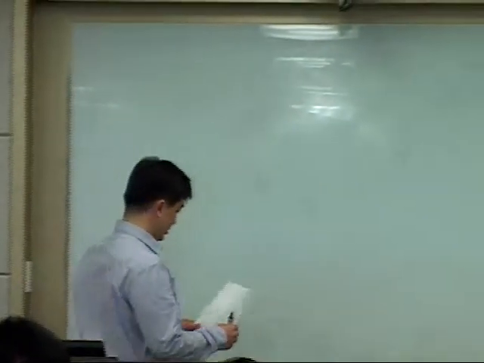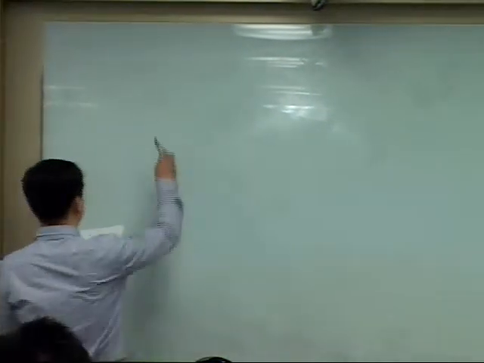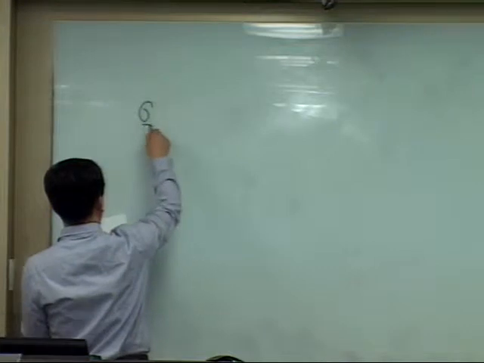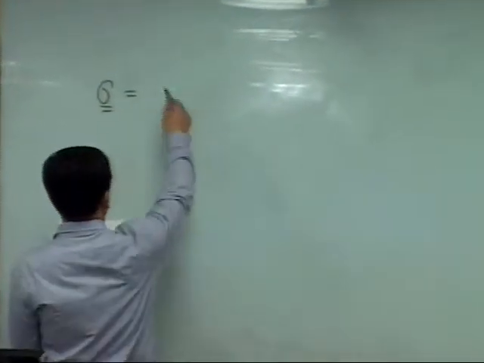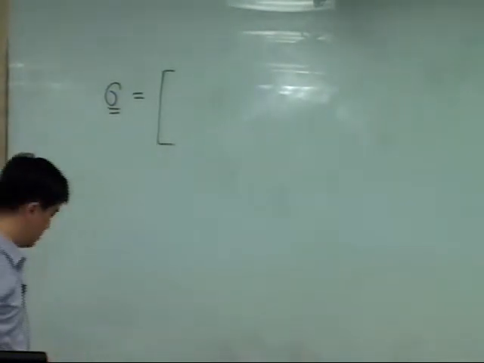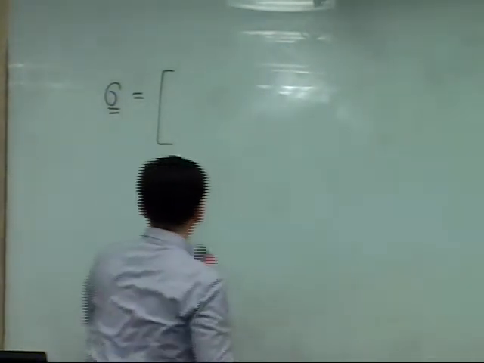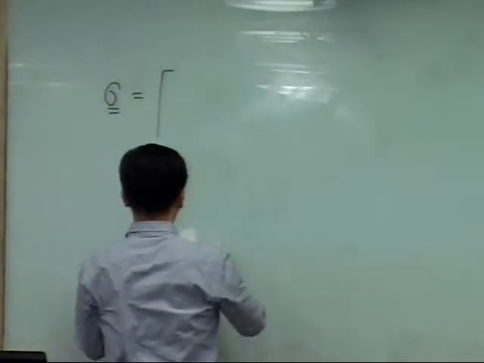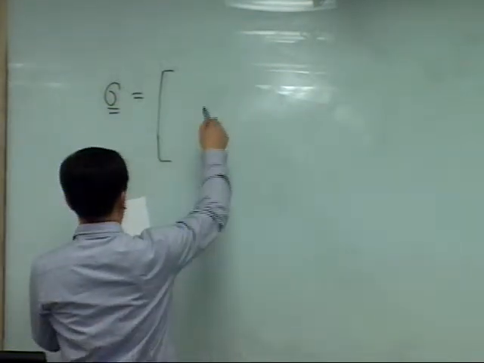In the last class we derived the stress. Stress is a second order tensor. In 3D it has a 3 by 3 matrix.